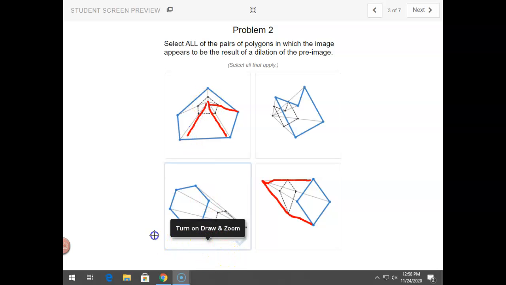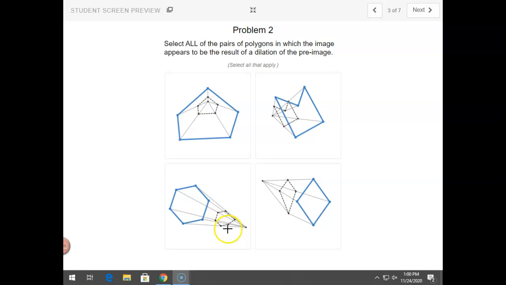Now, if we go down here, all right, fixed it. So now if you look down here, this has 1, 2, 3, 4, 5, 6.